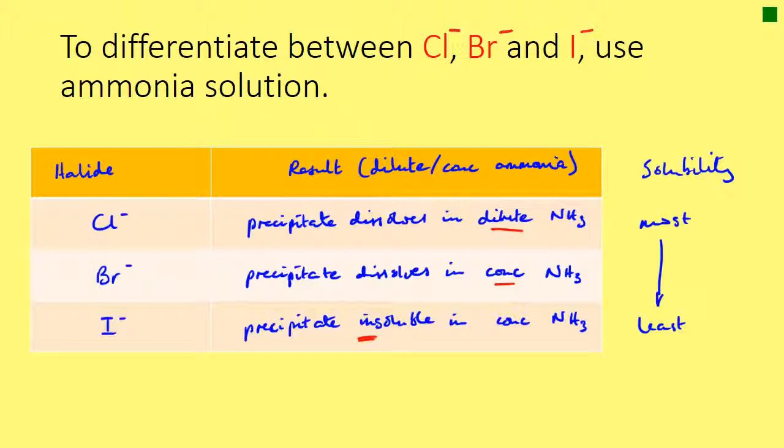So our solubility, this is our most soluble, down to our least soluble, in order from chloride to bromide to iodide. So there we have it. That is the silver nitrate test, followed by the ammonia test to distinguish between the halides.